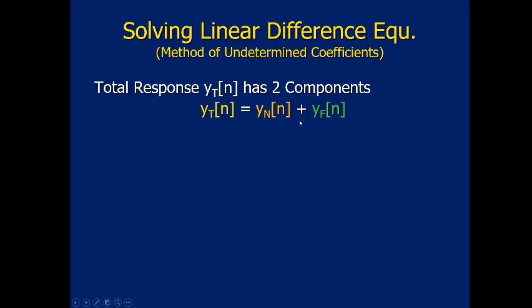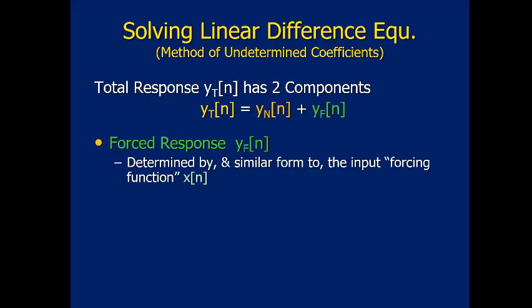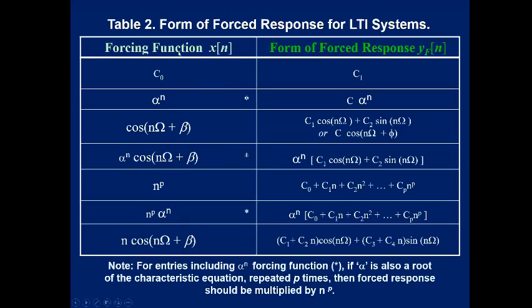Now, the total response has another component, the forced response. The forced response's functional form is determined by, and actually similar to, the forcing function, the input signal that we're applying to our system, generally because we're applying signals that have this particular characteristic. All of our favorites fall in that form.